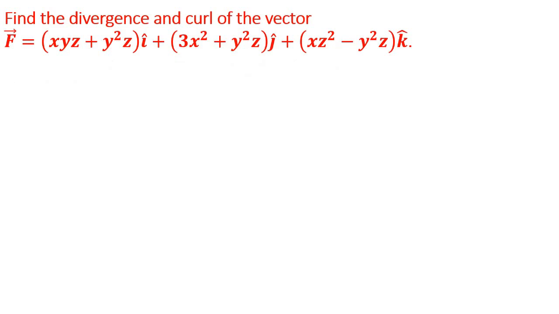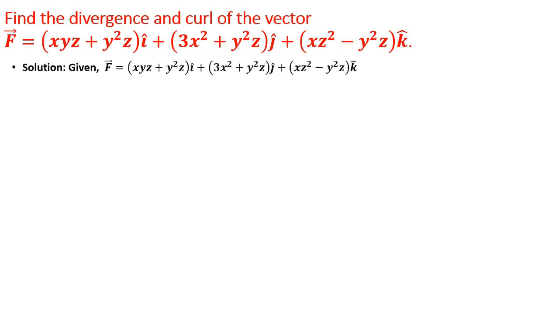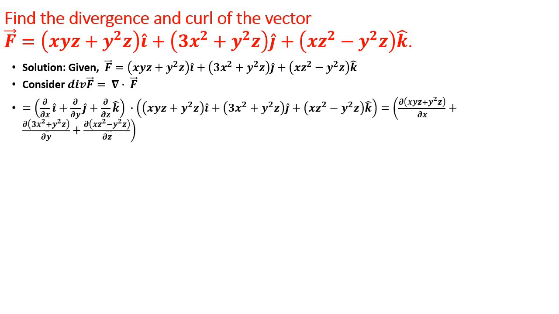Find the divergence and the curl of a vector. F is given here. First I will consider the given force vector F. We know how to find the divergence of a vector, that is del dot F. Consider del dot F. This is my del, this is my vector F. We know what a dot product is.